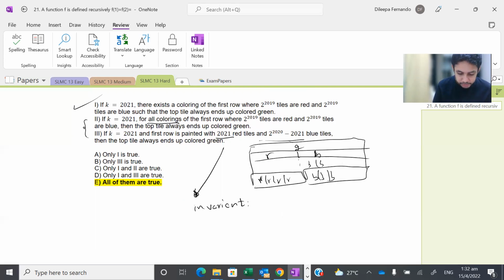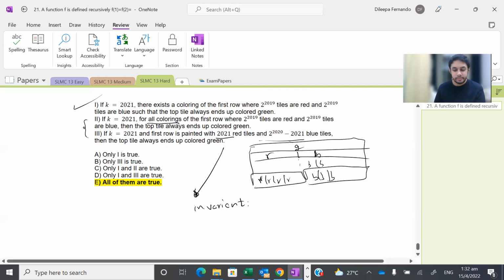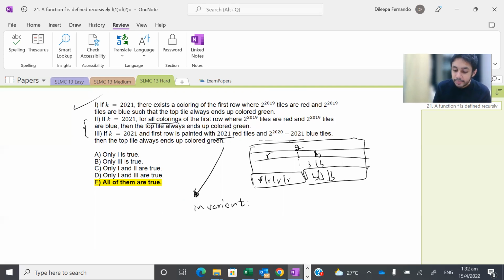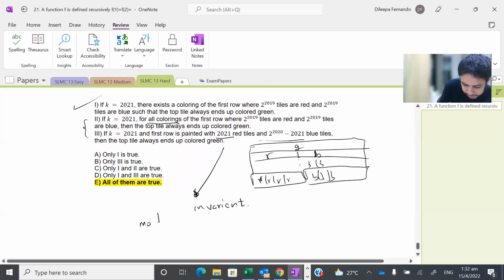Here, since we have three colors, let us use modular arithmetic, because it can be invariant: for different orderings in the first row, the modulo sum does not change.